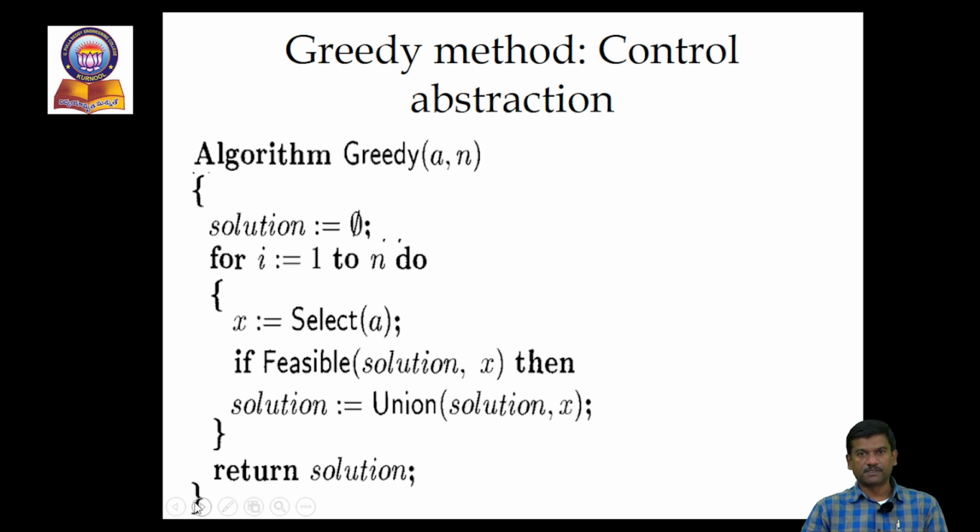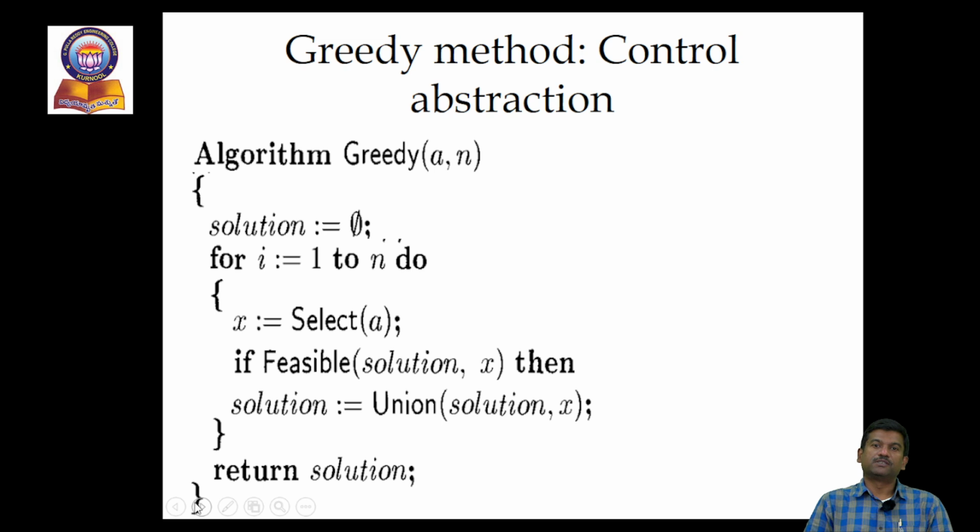That is not a feasible solution. But if item 1 weighs 2 kgs and the knapsack capacity is 20 kgs, then item 1 can be placed in the knapsack. That is a feasible solution.